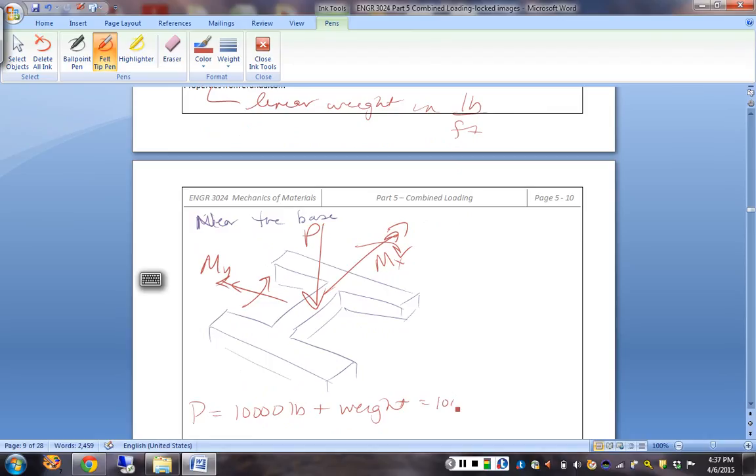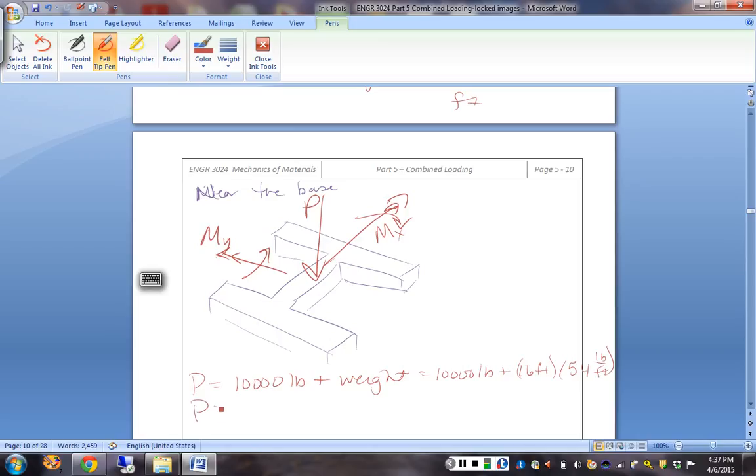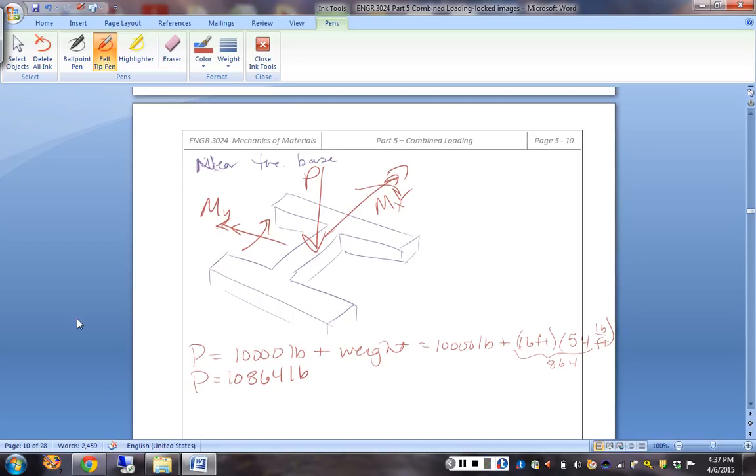So this is 10,000 pounds plus 16 feet times 54 pounds per foot. That is 864, so we get 10,864 pounds. And we know from the geometry of it that that's compressive. That's why I've gone ahead and drawn it down.